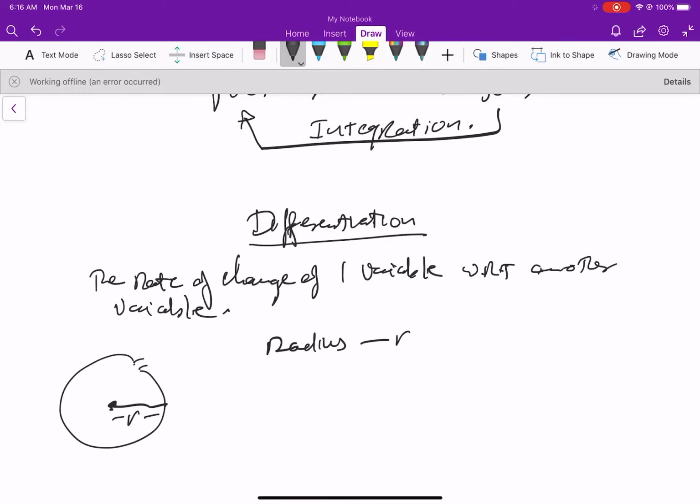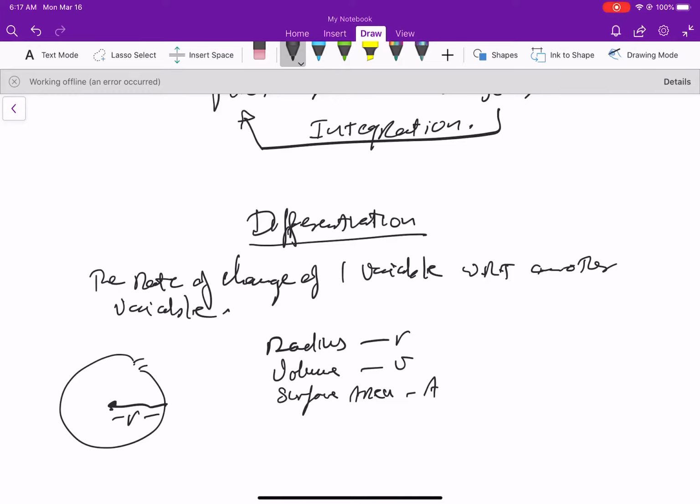It has a volume, V. What else? It has a surface area. Let's call the surface area A.